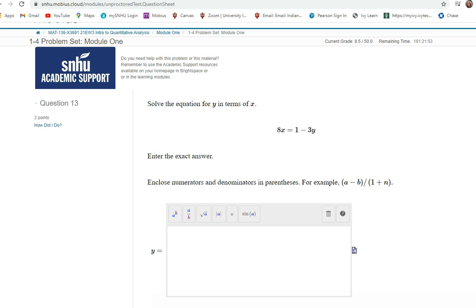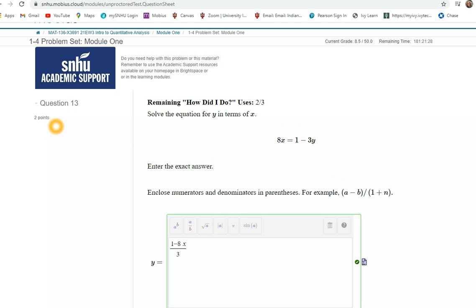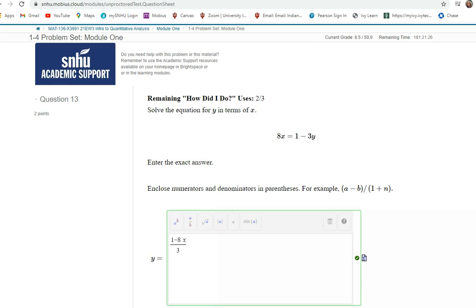Okay, so I have a fraction, so I'm going to click right here, the a over b, and my numerator was 1 minus 8x, and then I'm going to arrow down to the denominator. I guess I have to backspace to get rid of the b, and then hit 3. And then hit how did I do? Yay, it liked it.